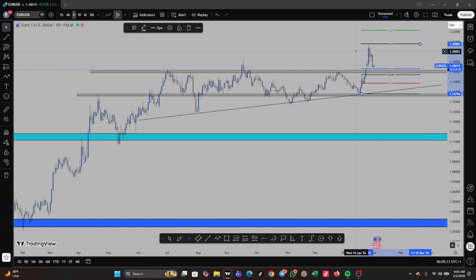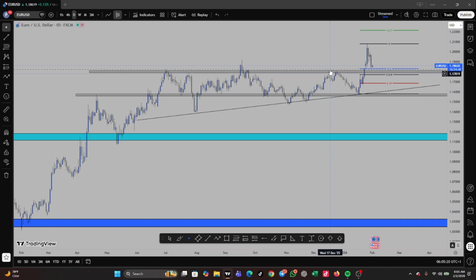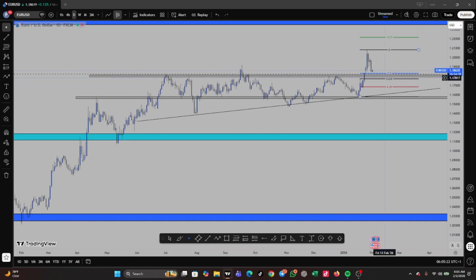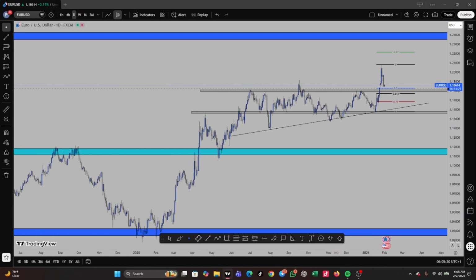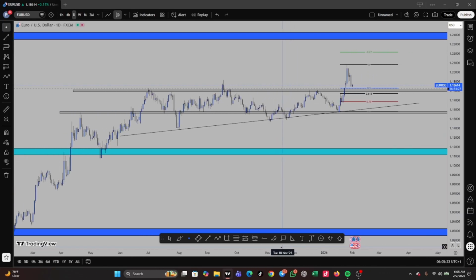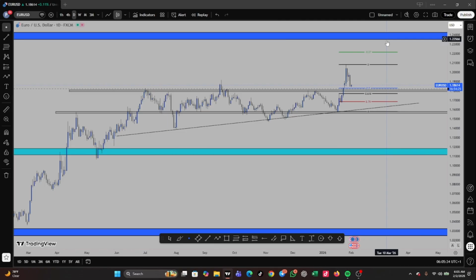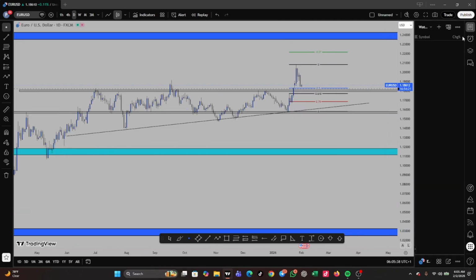And believe you me, if this market is really going to push up, we are going to have a very strong bullish run, because the market has been ranging for a while, and whenever we have a range and price is now able to break out of that range, we should expect a massive push. So here I'm also setting myself up for a bullish trade on Euro USD.